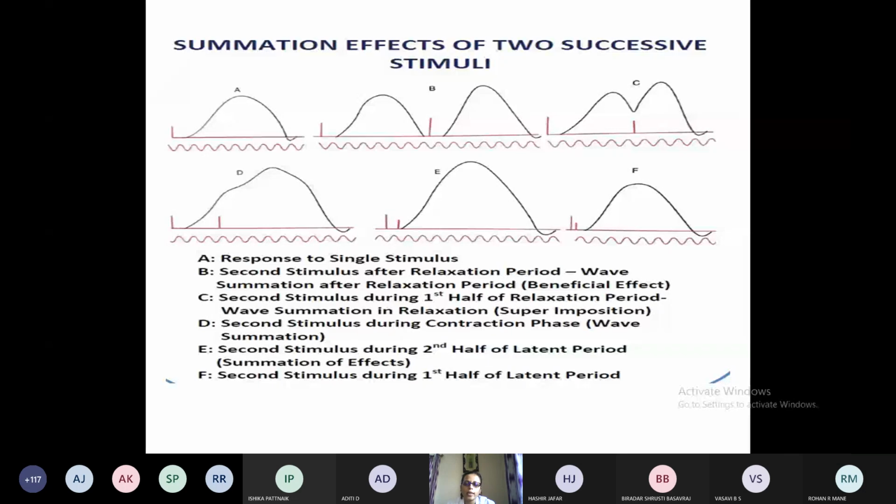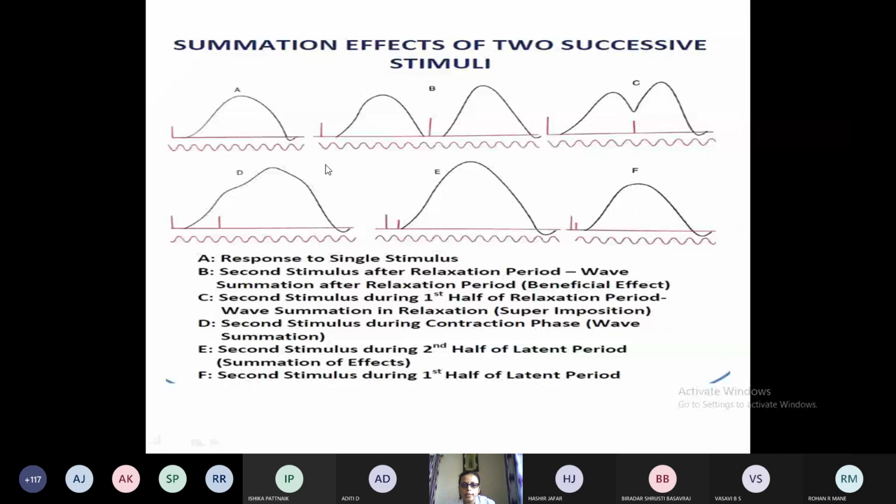So the effects we get with a single threshold stimulus are always lesser than the effects we get with multiple stimuli at a time. So we will learn what the beneficial effects could be.